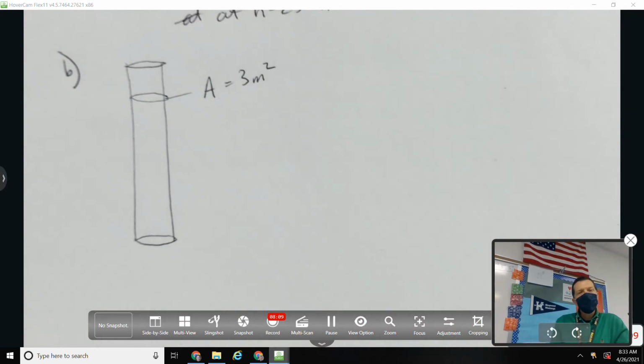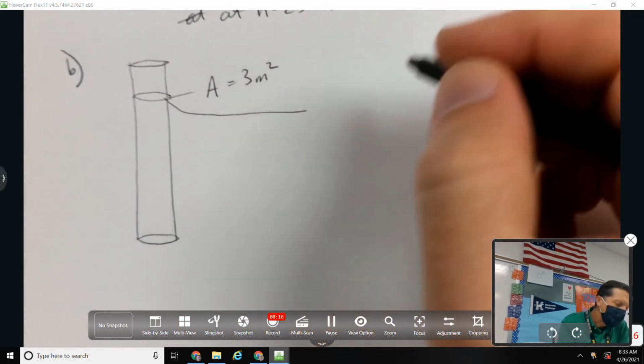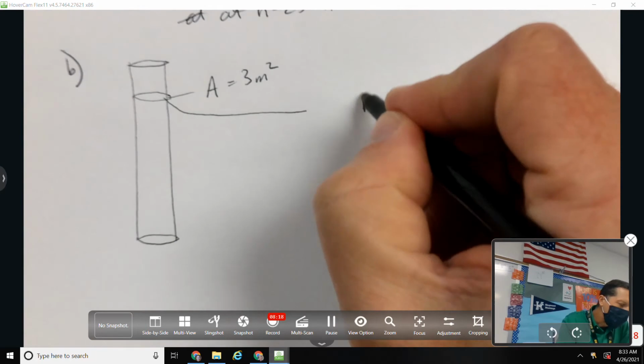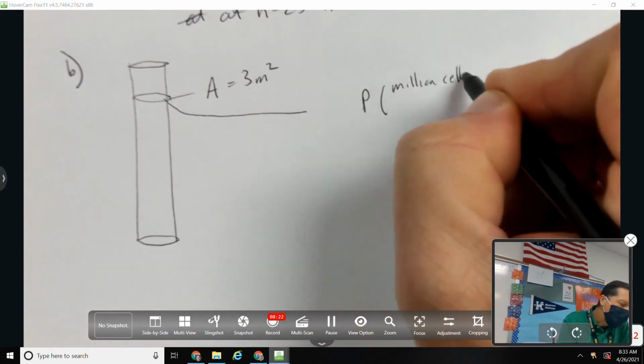So I want to add up. Maybe we should just figure out how many are in that slice. So P is in million cells per meter cubed.